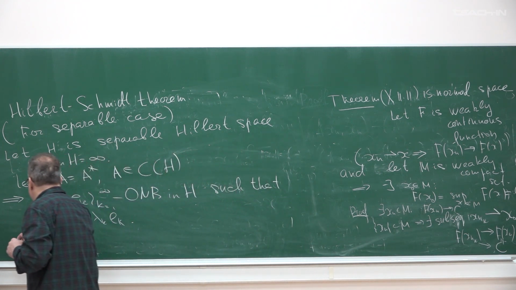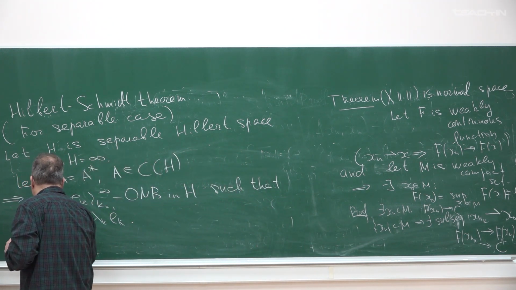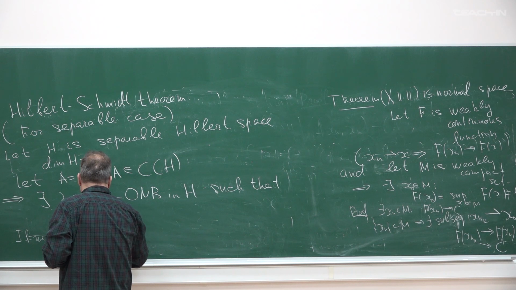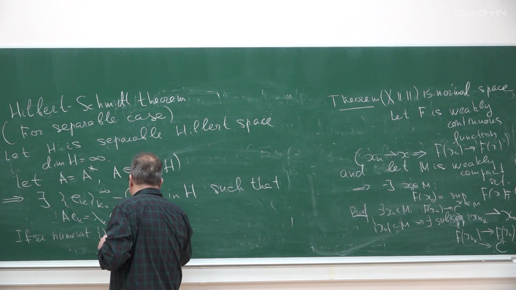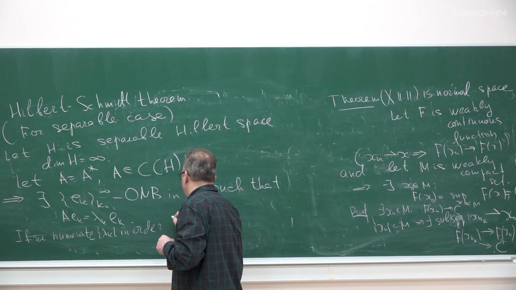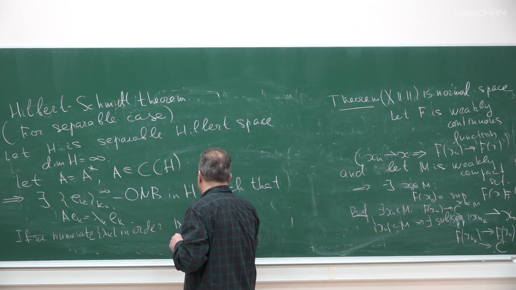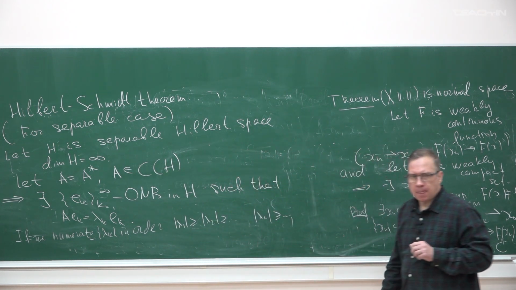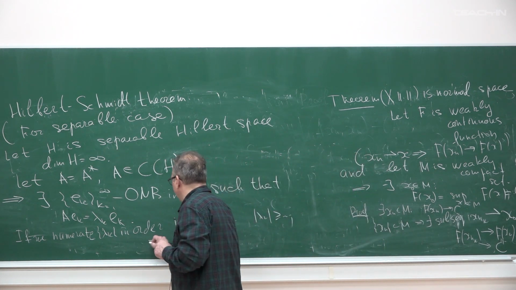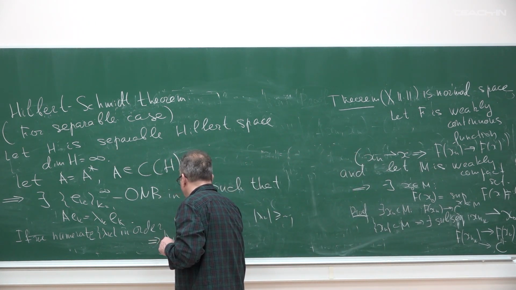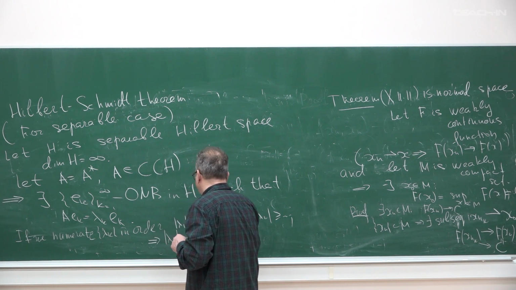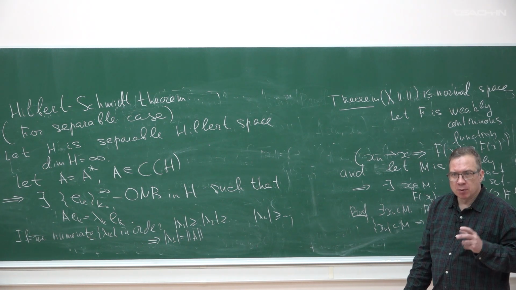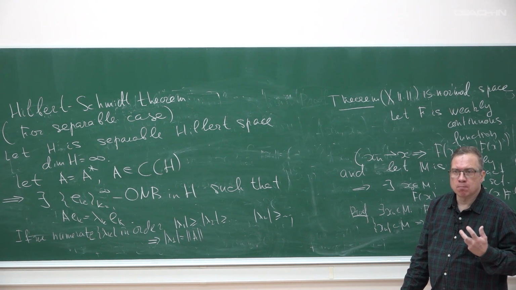And additionally, if we enumerate lambda k in order, then the maximum in absolute value eigenvalue is the norm.